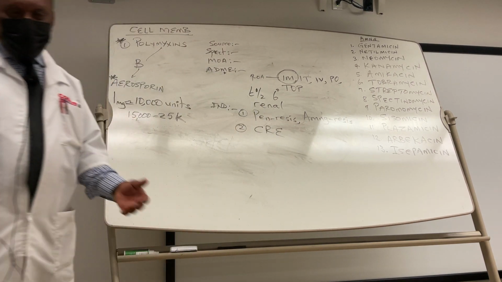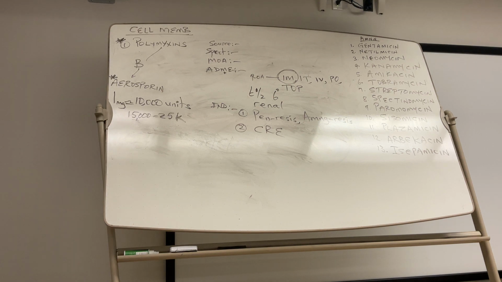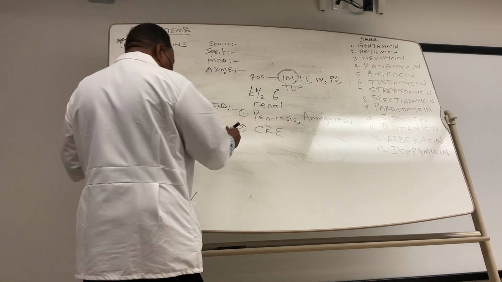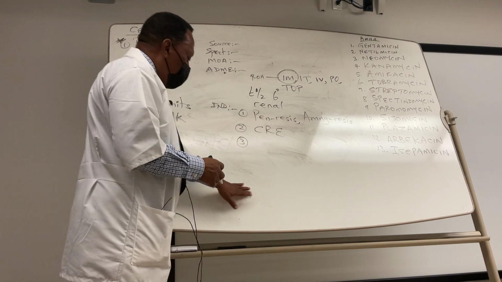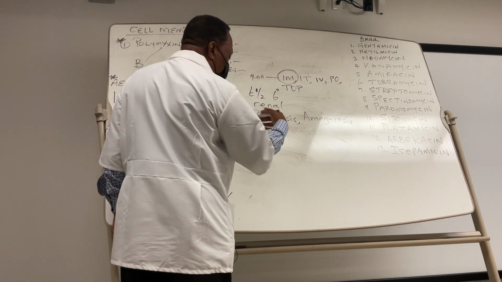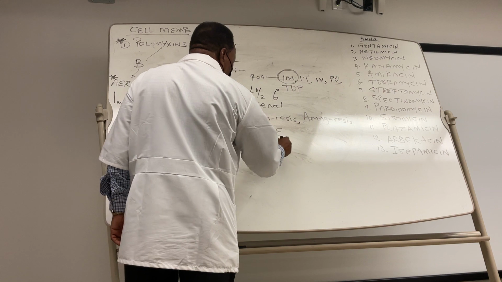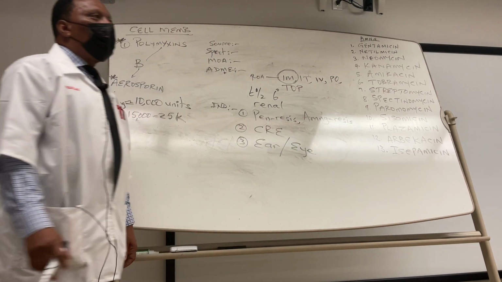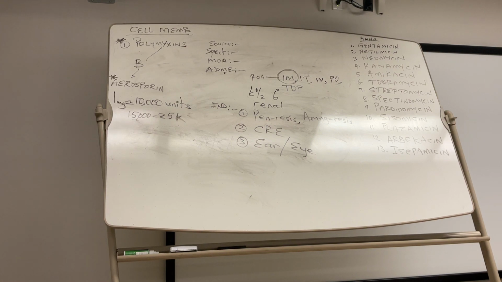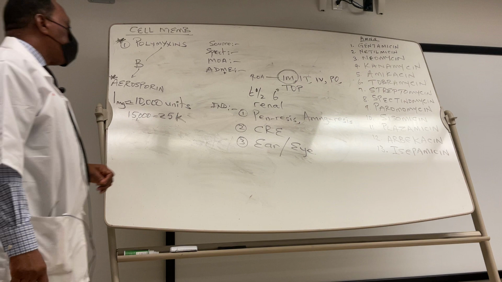Just like your colistin, which is polymyxin E, you can use polymyxin B in the management of CID. And it can also be used for the management of ear and eye infections, particularly again when caused by Pseudomonas aeruginosa.